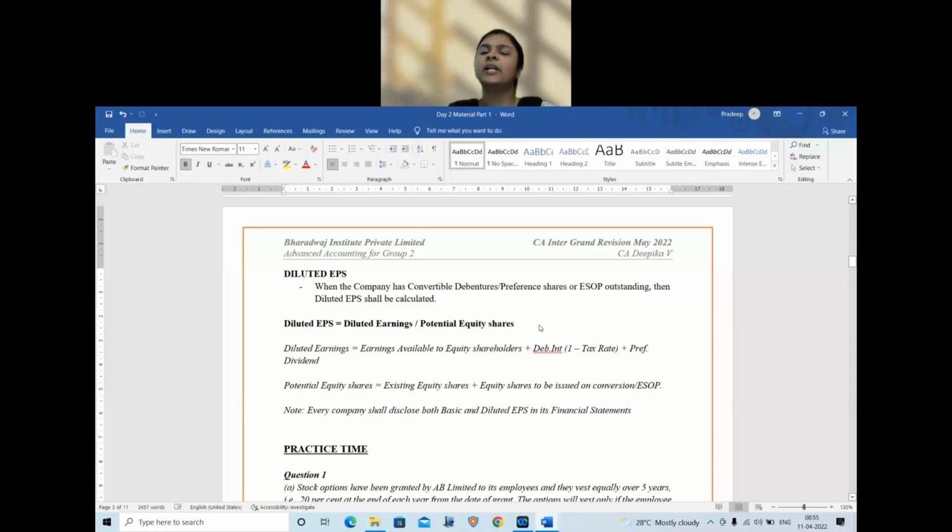Now, two things here to remember. What is diluted earnings? What is potential equity? Now, what is diluted earnings? We all know what is earnings available to equity shareholders. Now, that is without the scenario of convertible preference, convertible debentures, whatever it is.